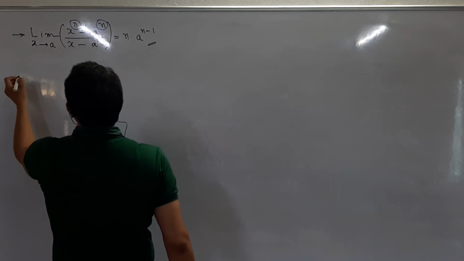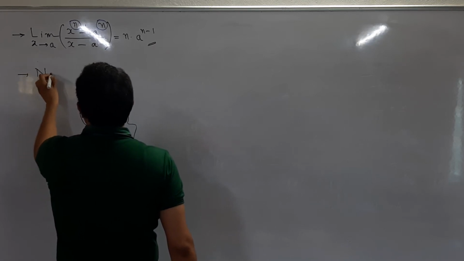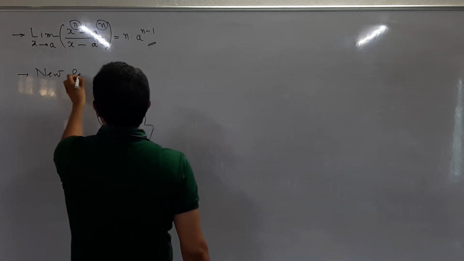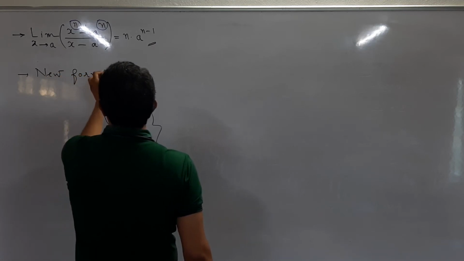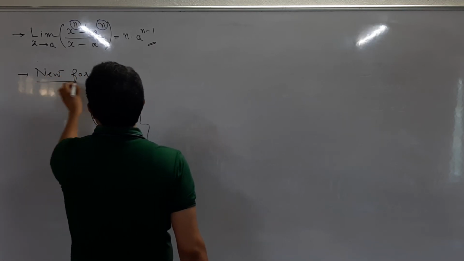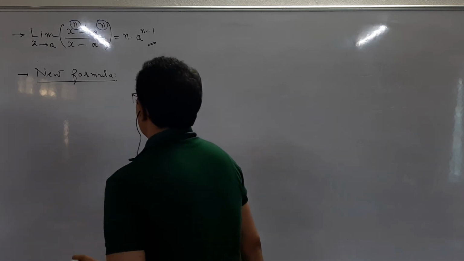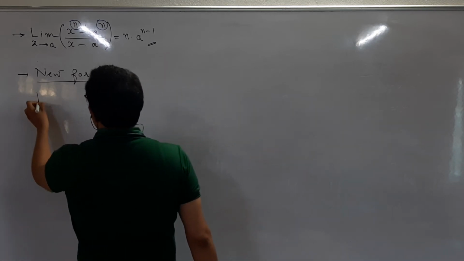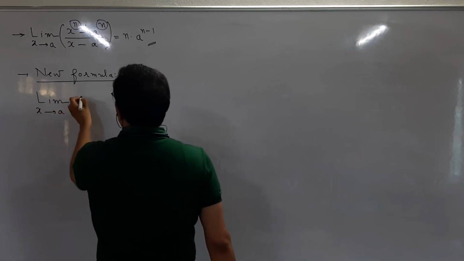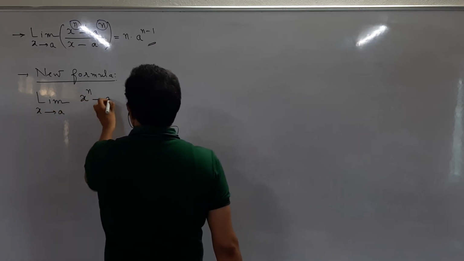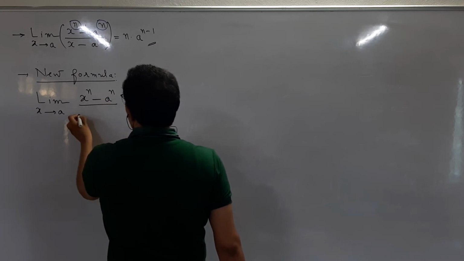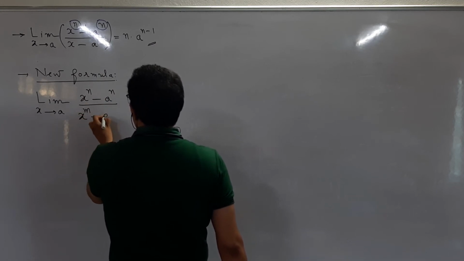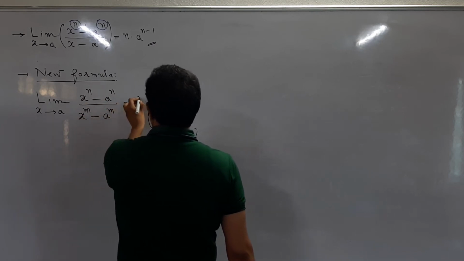I am deriving a new formula. This is not given in our textbook, so all of you pay attention. Limit x tends to a, x raised to n minus a raised to n upon x minus a is what?